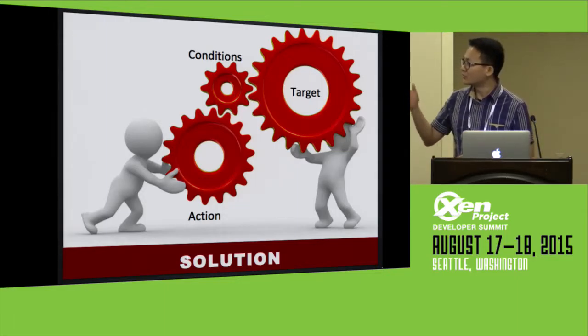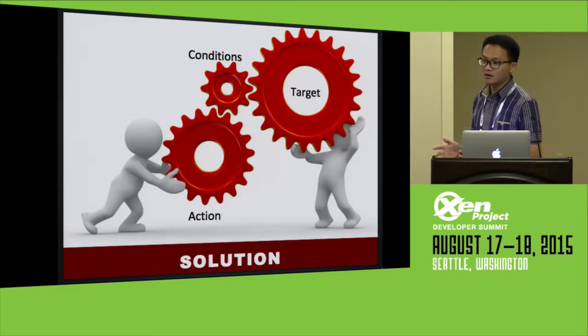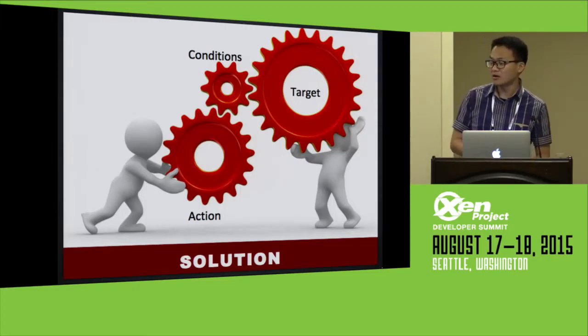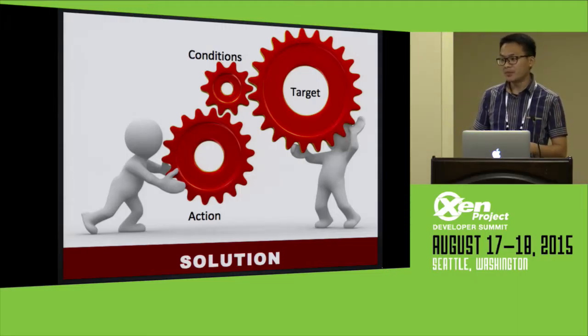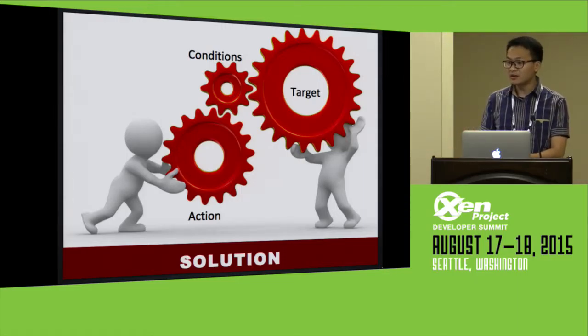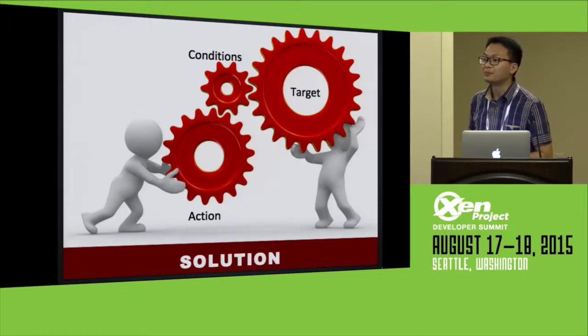I will talk about these three topics one by one. First, the target. Because we are using XenServer, the target can be the host or the VM. If we save the power in the VM, we will definitely save the power in the host. So the target I want to have here is the VM.